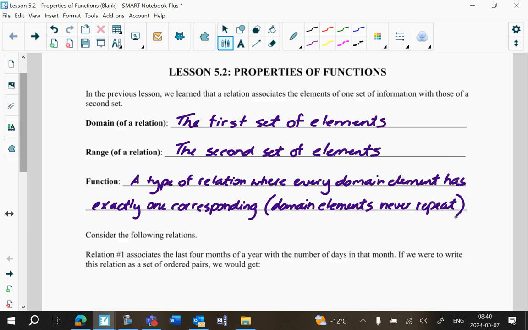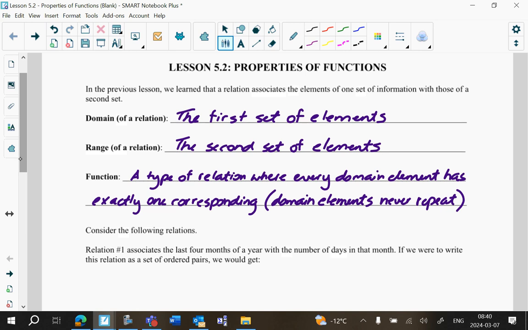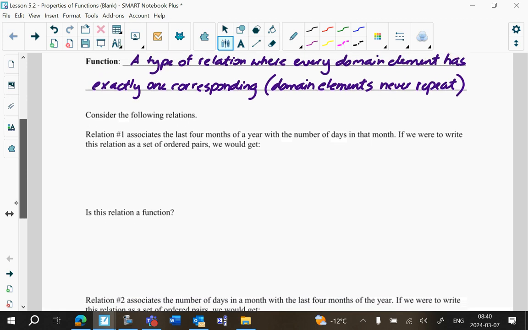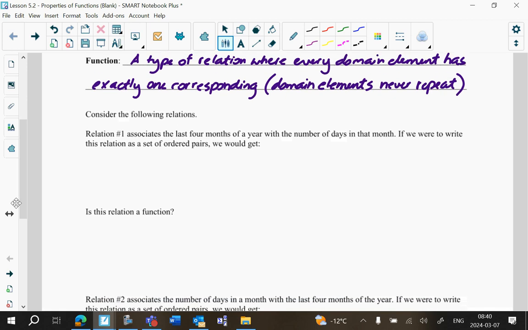So let's look at the following relations. Relation 1 associates the last 4 months of the year with the number of days in that month. So if I wrote it as a set of ordered pairs, what would my first pair be?